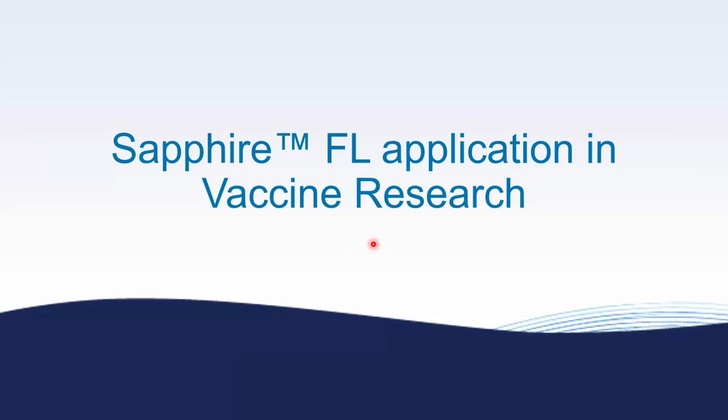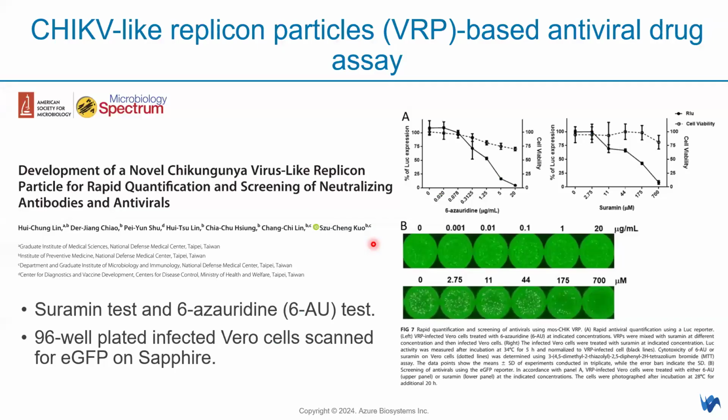It's mainly on plates, okay, 96 or 384 well plates, right? So the first example you see here is a chikungunya-like replicon particle-based antiviral drug assay to develop their vaccine. Normally they use fluorescently labeled focus reduction neutralization tests, like FRNT, or plate-based microneutralization assays.